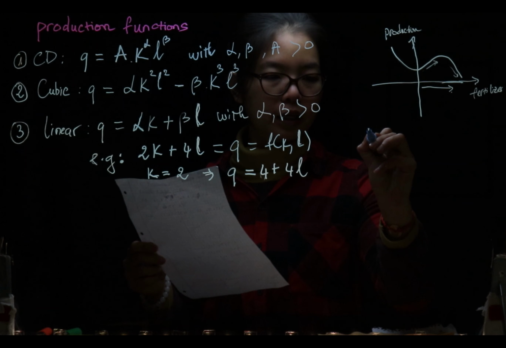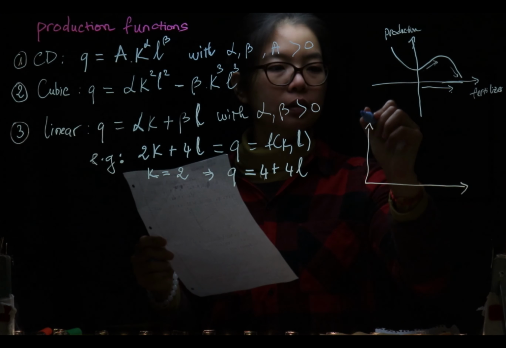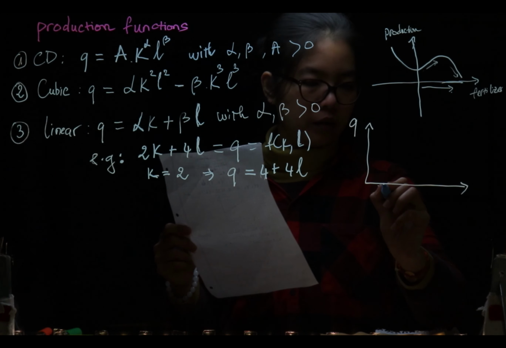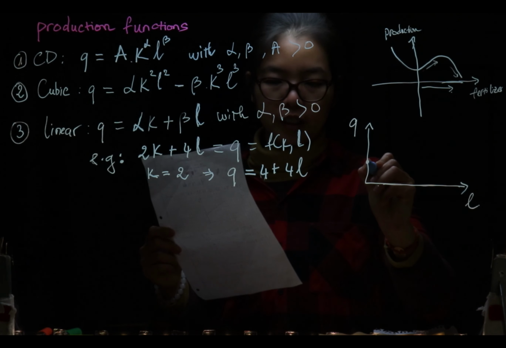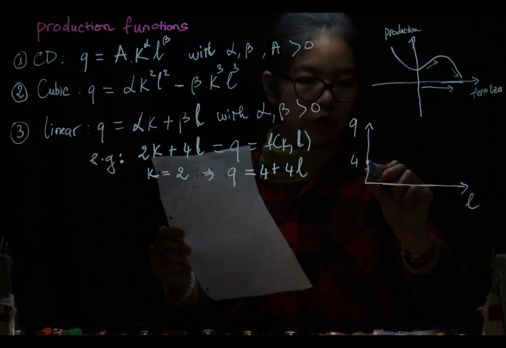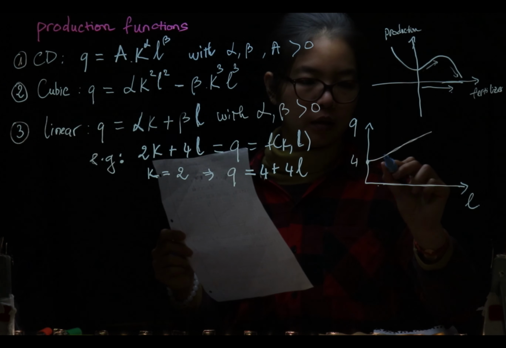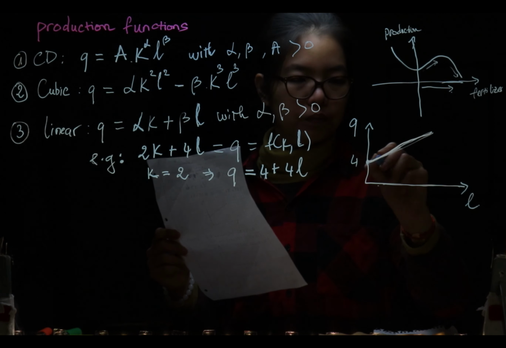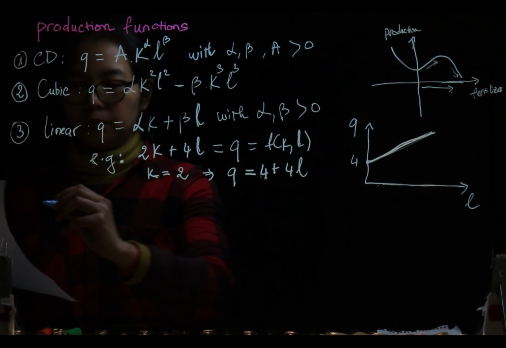How would it look like if you graph the production on the vertical axis, and L on the other axis? So start over here, right? Because the intercept is 4. And we will increase linearly with L, right? So that's the linear production function.